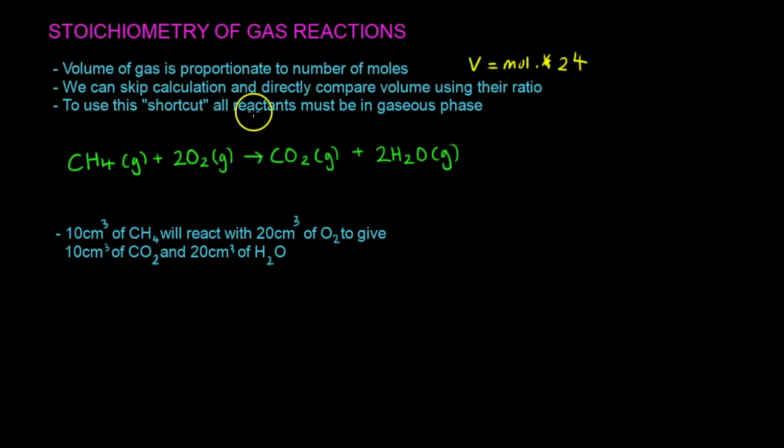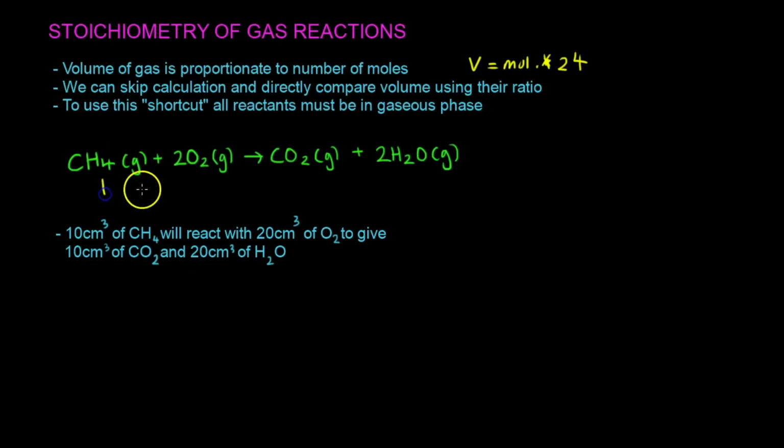This shortcut is only applicable if all the reactants are in the gaseous phase. In this case, we have CH4 and oxygen. Basically, this methane gas is burning in oxygen to give us carbon dioxide and water. So 10 cm cube of CH4 will react with 20 cm cube of oxygen to give 10 cm cube of CO2 and 20 cm cube of H2O. Why?